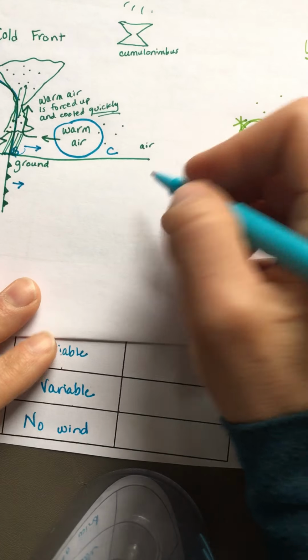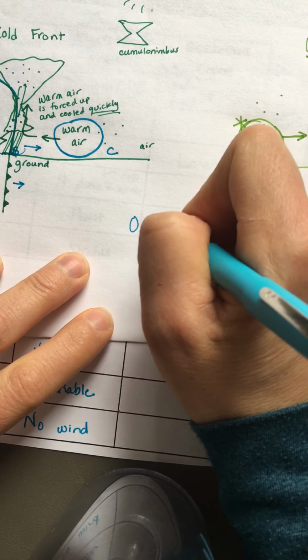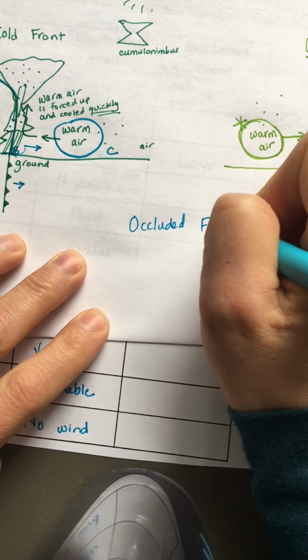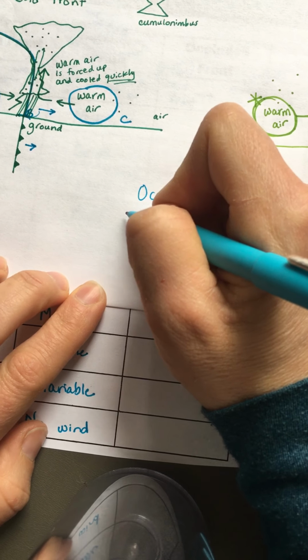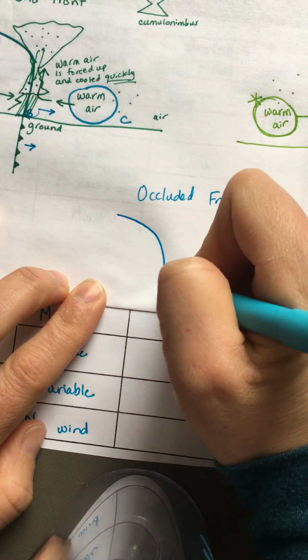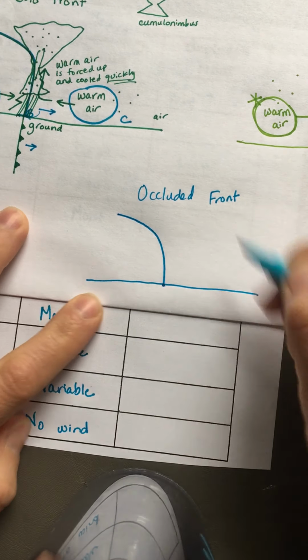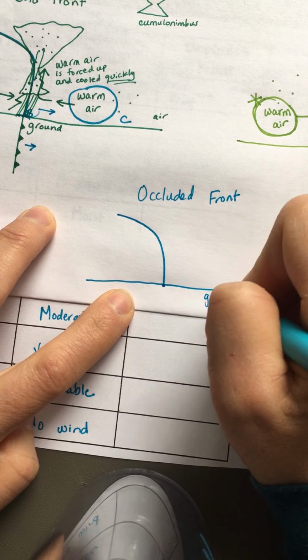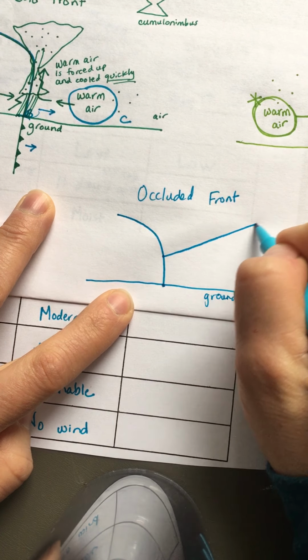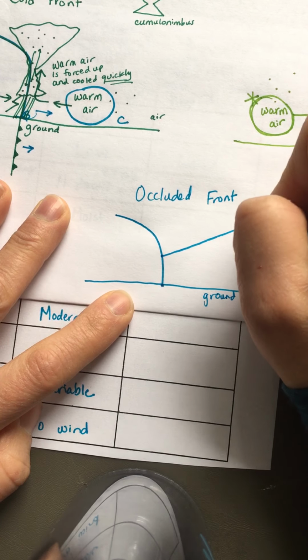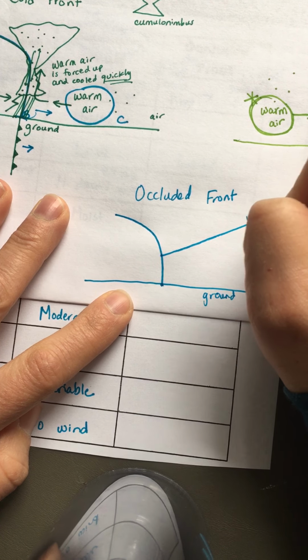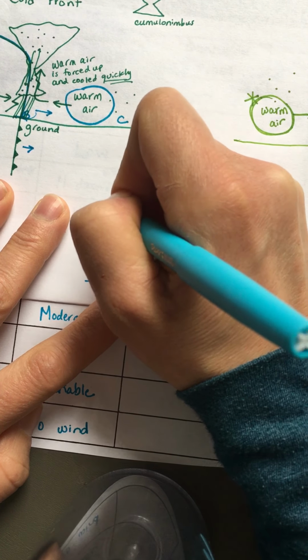But what happens is we've got a cold front right here. And this is our ground. And we've got our warm front right here. So this is our warm front. And this is our cold front.